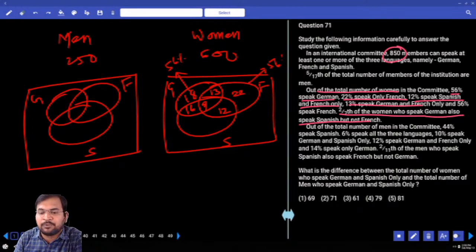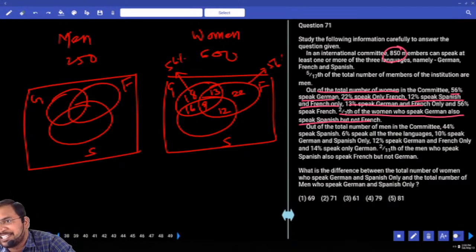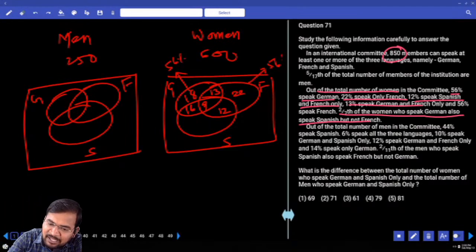Now total is 100%. If you add all these values and subtract from 100%, then you will get only Spanish. Now this entire thing is 56, 56 plus 34, 90. Therefore remaining is.